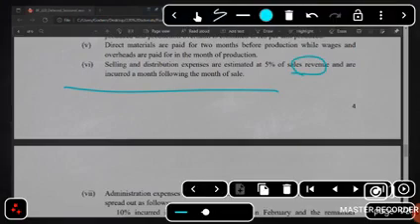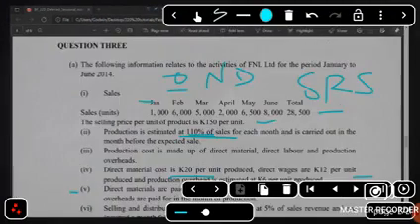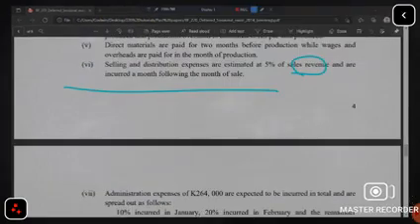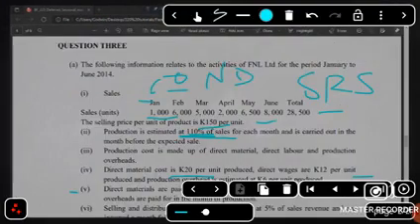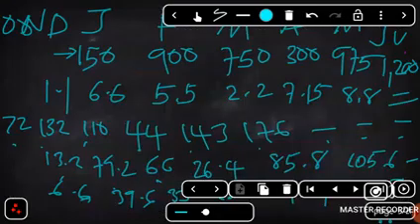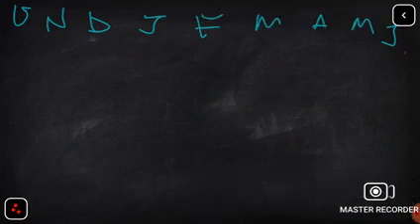What was our sales revenue? Sales revenue here was whatsoever we had here multiplied by 150. And they've said of this sales revenue, 5% should actually go in the month following the sale. So for example, whatsoever was for January will go in Feb, and then just like that, we follow suit.